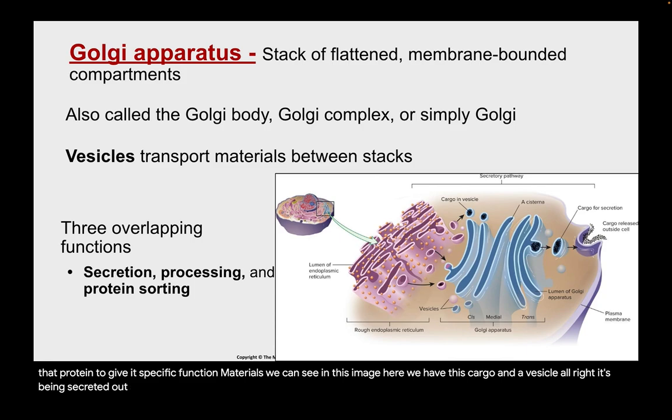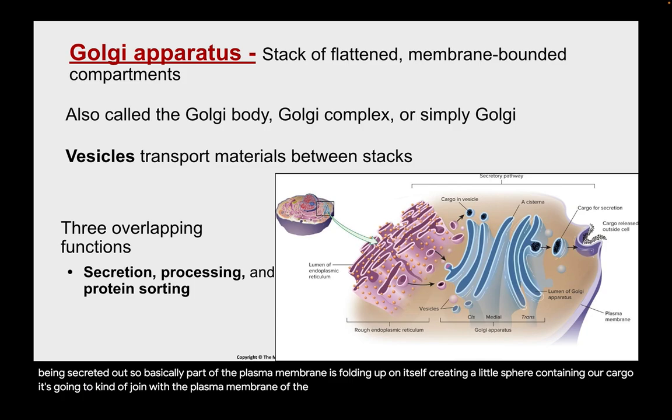So basically part of the membrane is folding up on itself, creating a little sphere containing our cargo. It's going to join with the plasma membrane of the outside of the cell and release its cargo to the outside. They don't have the most exciting of functions, but they help with a lot of regulation within the cell.